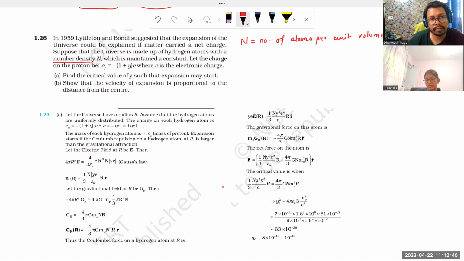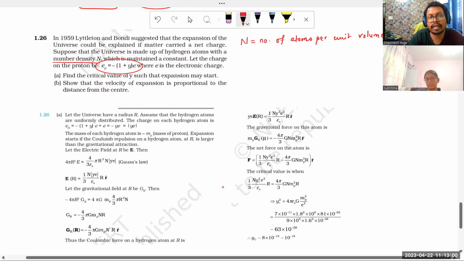which is maintained a constant. Let the charge on the proton be EP, given to you as this much, where E is the electronic charge. Find the critical value of Y such that the expansion may start. Show that the velocity of expansion is proportional to the distance from the center. What it says is, when the expansion will take place, this universe is expanding.